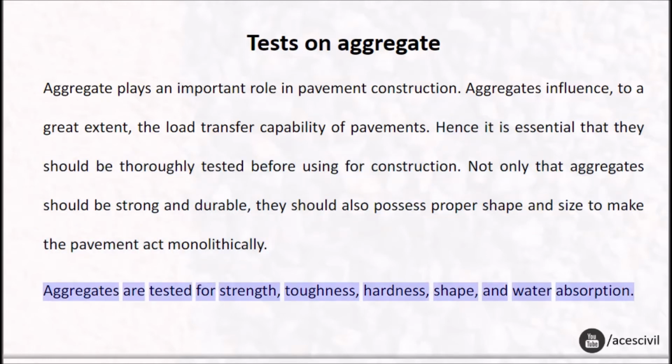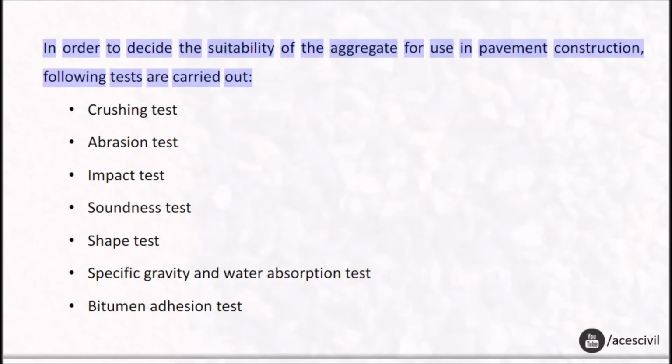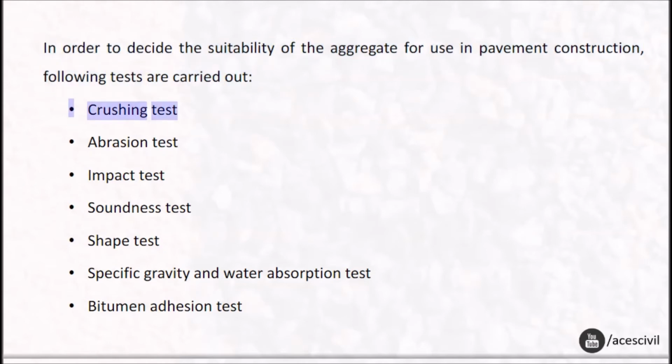Aggregates are tested for strength, toughness, hardness, shape, and water absorption. In order to decide the suitability of the aggregate for use in pavement construction, the following tests are carried out. Crushing test.